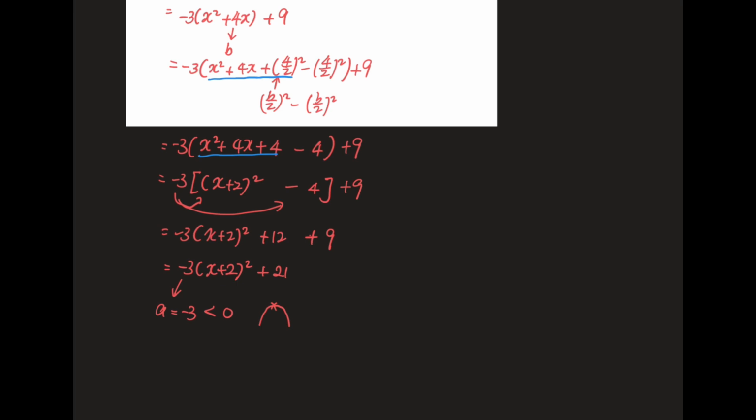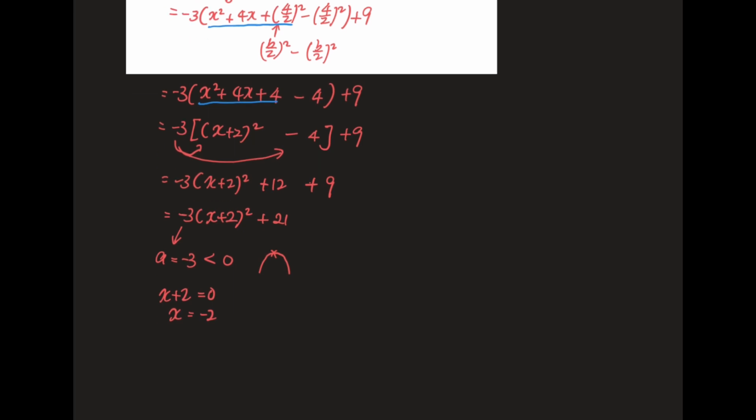Just imagine negative means not good. So a sad face graph has a maximum point, as you can see here. So we can get the maximum value. How? Same, we let this bracket equal to 0.